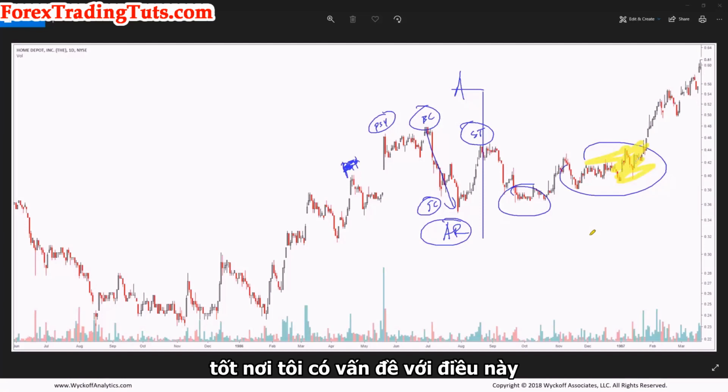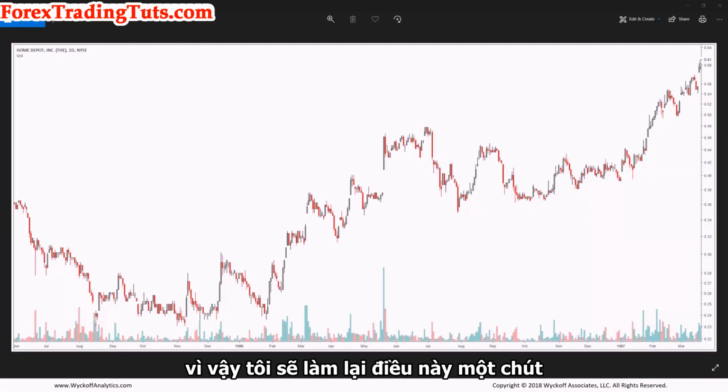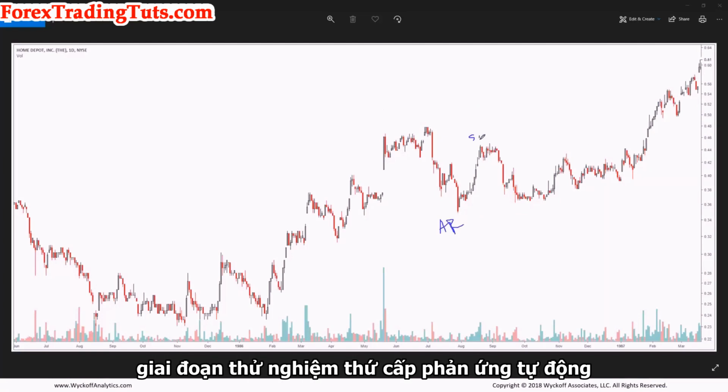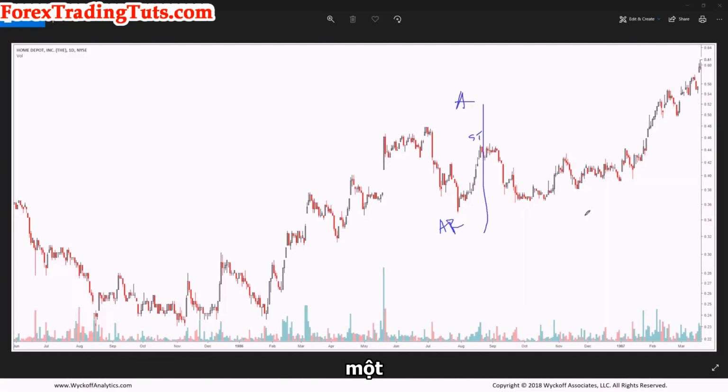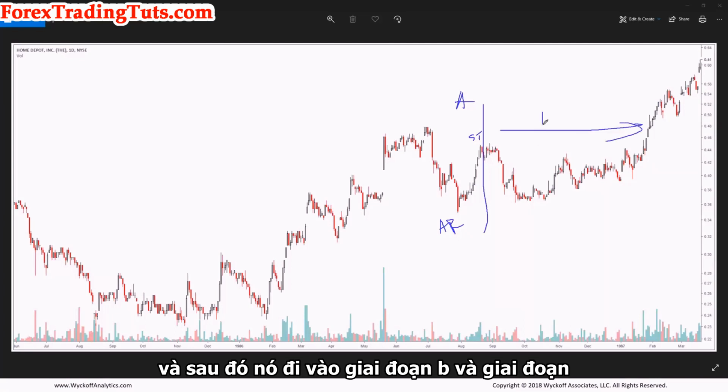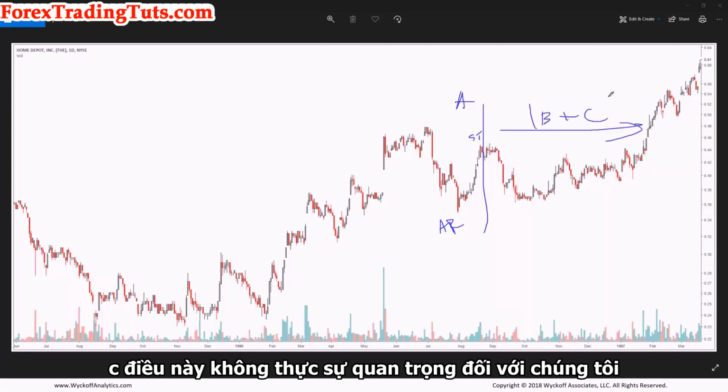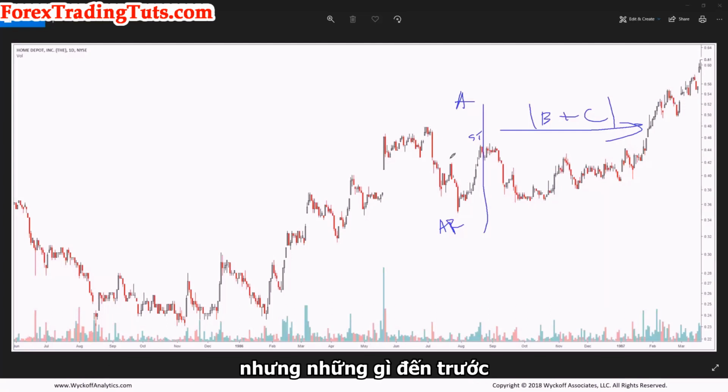Where I have the problem with this labeling is these 2 points right here. So I'm going to redo this a little bit, and then you'll see what I mean. So let's say that we're still in the automatic reaction, secondary test, phase A, and then it goes into phase B and phase C. This doesn't really matter to us. But what comes before?